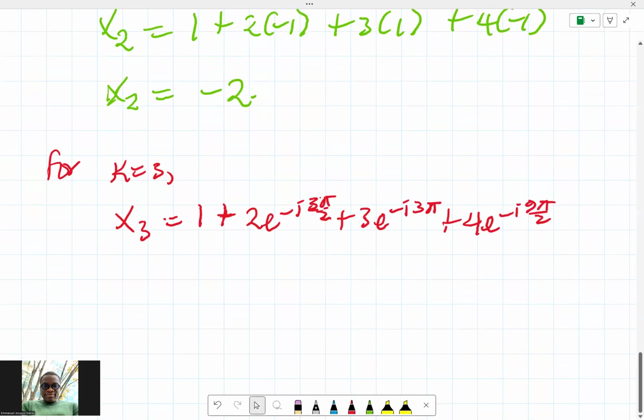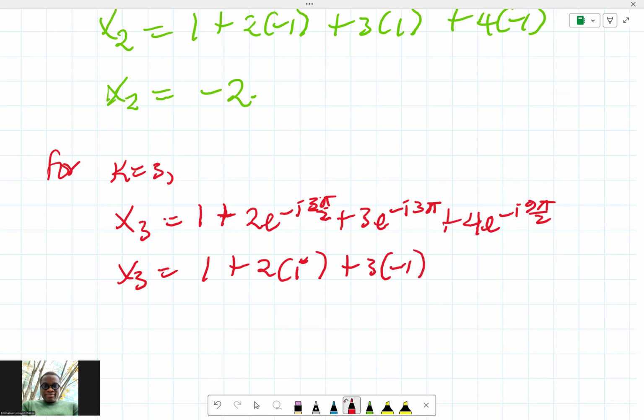So x3 equals 1 plus 2 into i plus 3 into minus 1 plus 4 into minus i. So x3 is just going to be 2i.